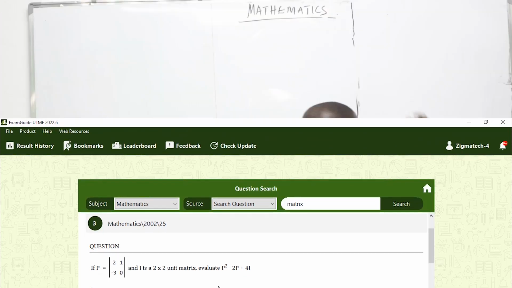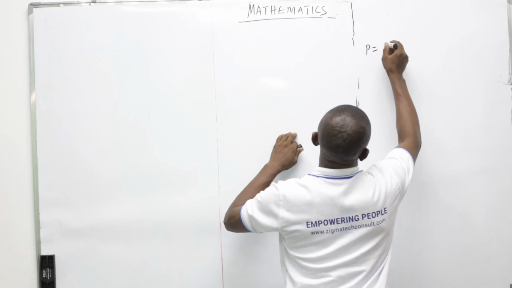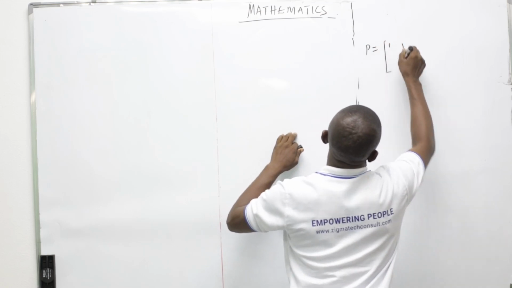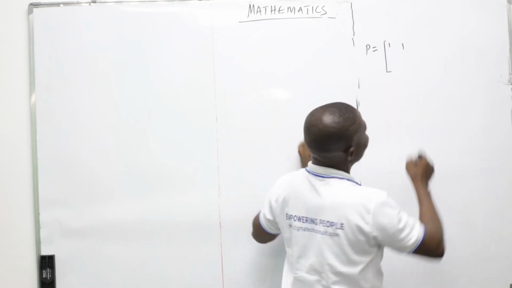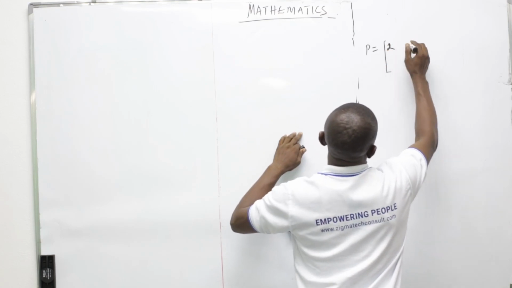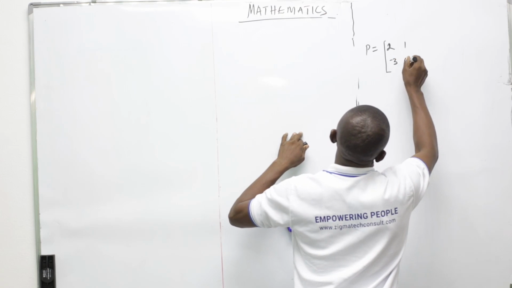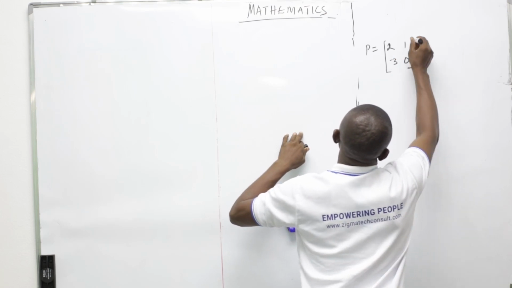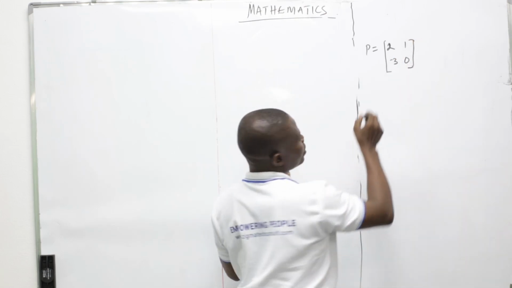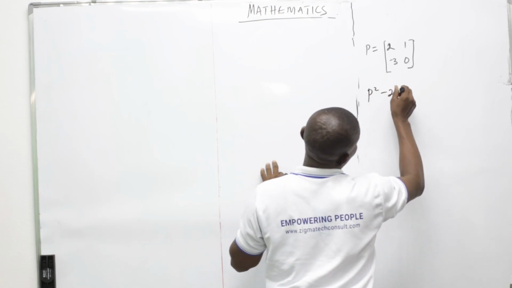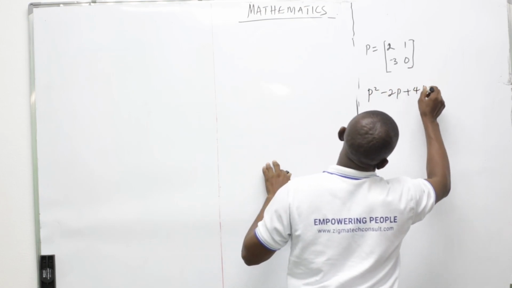I have P to be equal to 1, 1, 2, 1, not 1, 1, 2, 1, minus 3 and 0. So we're told to find P squared minus 2P plus 4I.